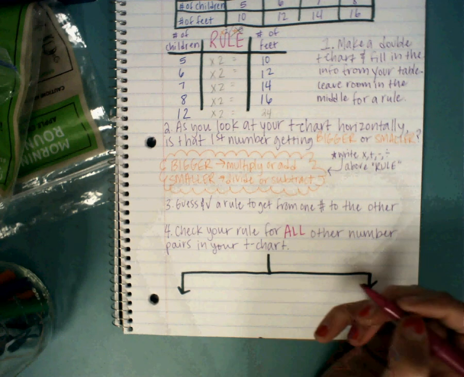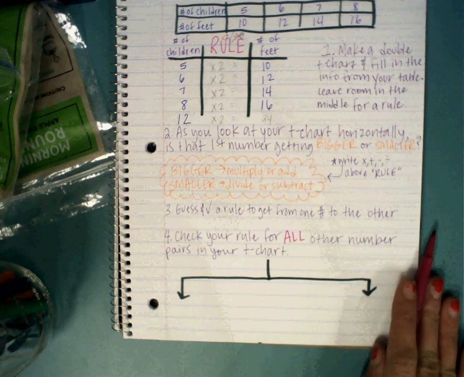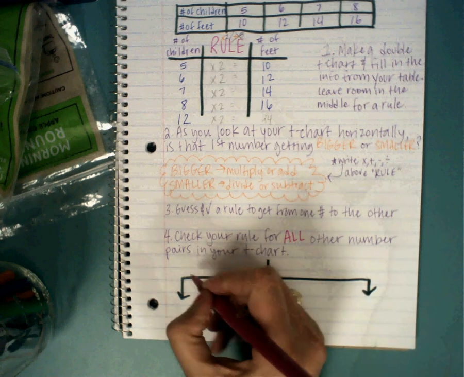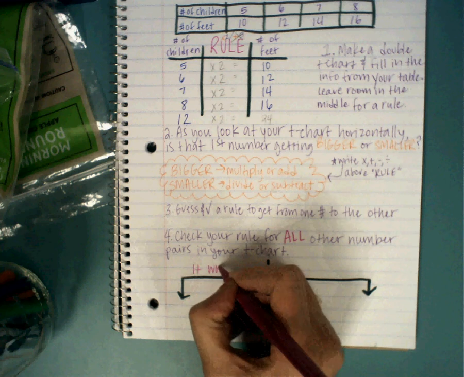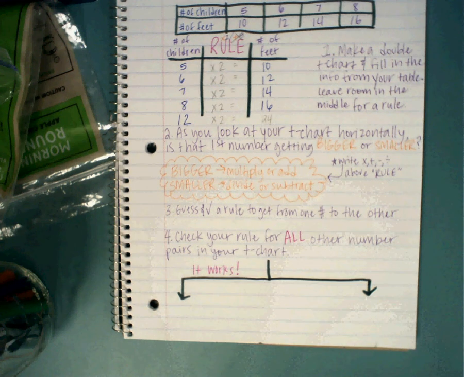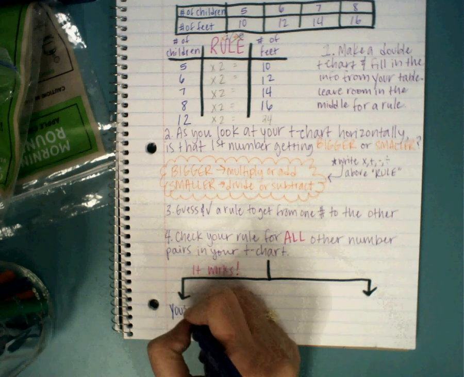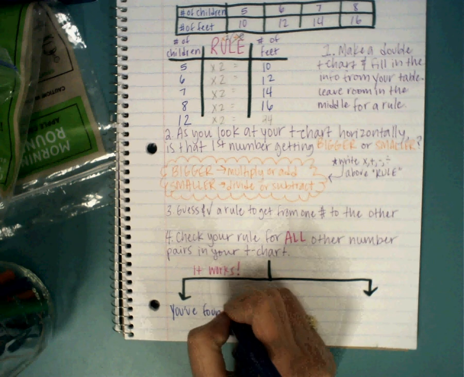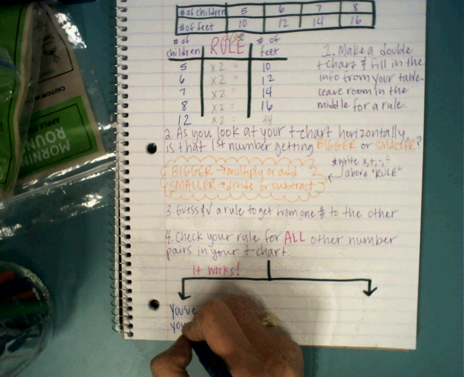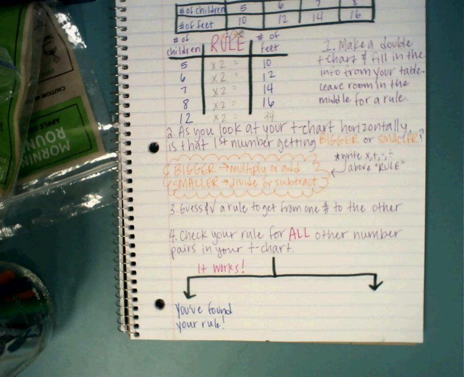If the first rule that you check, if you guessed plus 5 and that plus 5 worked for all of them and that was the first one you checked, then you're good. So if it works, that's option 1. And guess what? You found your rule.